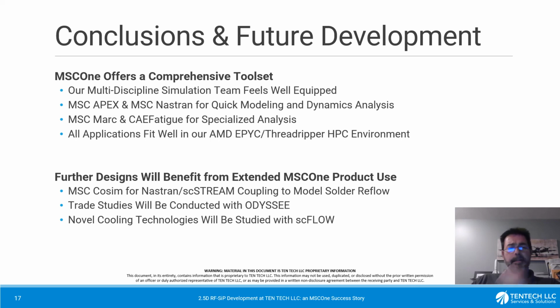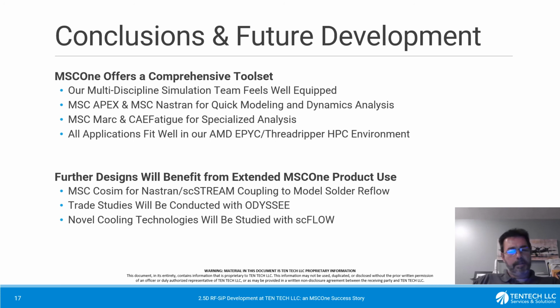So as far as where we go from there, while we continue using our tools, and we expect that MSC will improve performance and functionality in the tools that we already use, we also know we have access to fairly unique products that could augment our abilities.